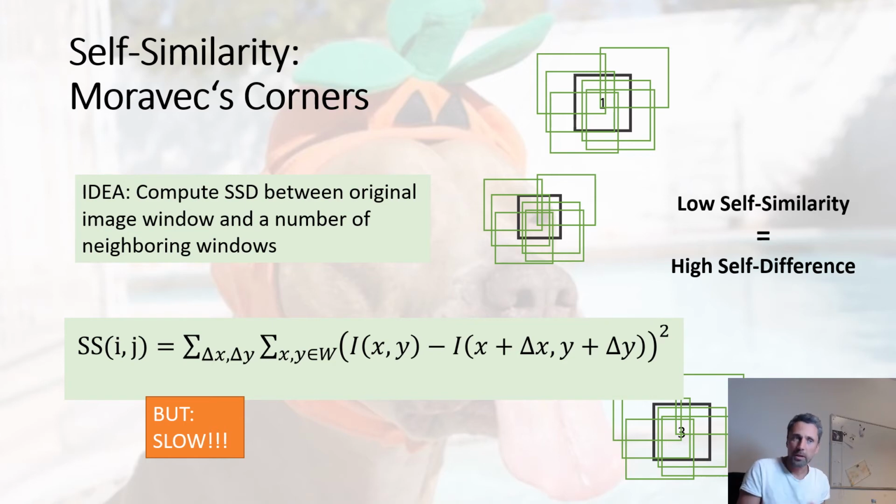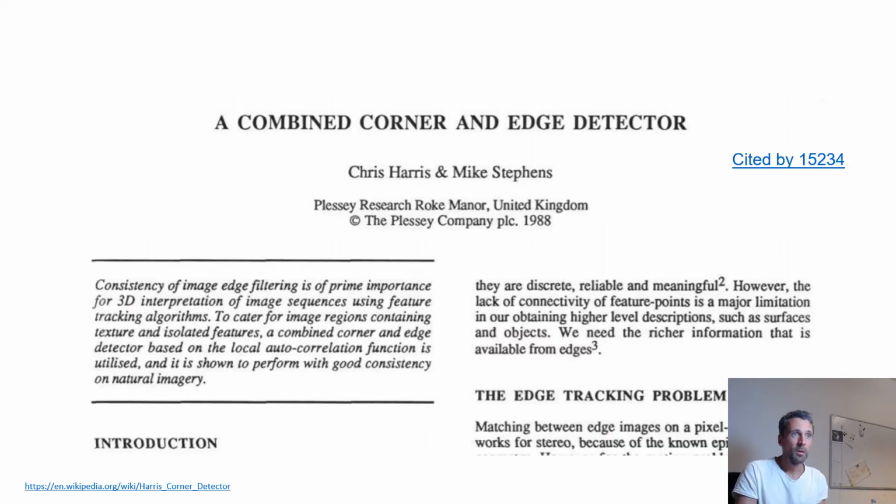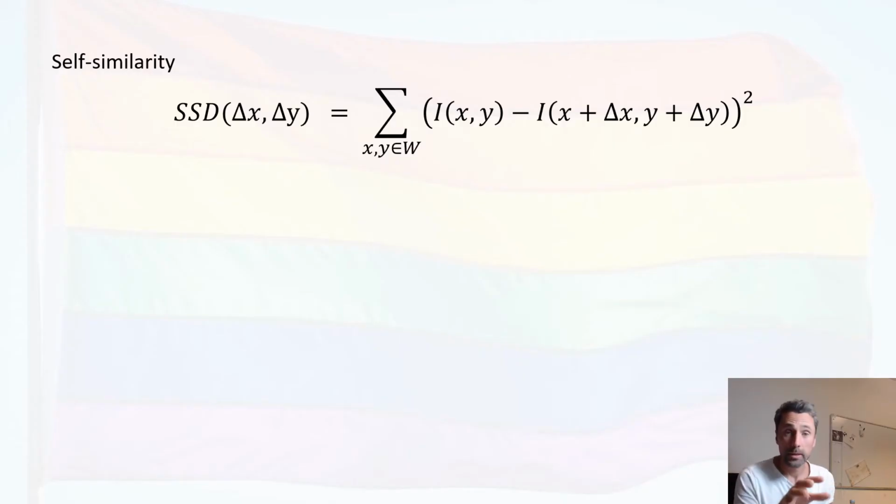But this idea can be used to introduce you to another algorithm, which is called the Harris corner detector. Which is a little bad because the paper was by Harris and Stevens, but nobody just calls them Harris and Stevens' corners.